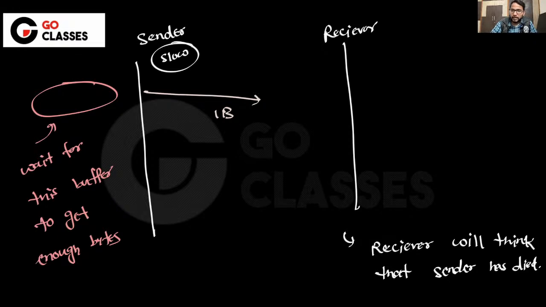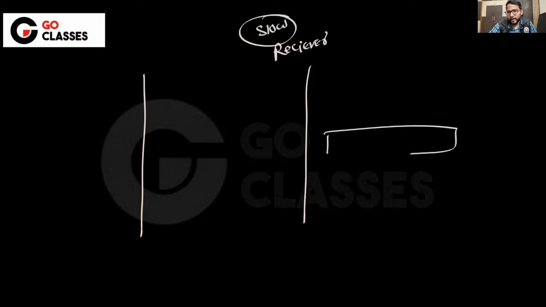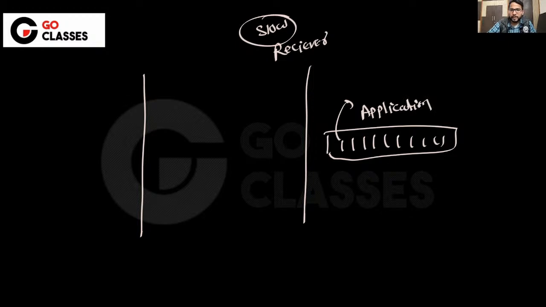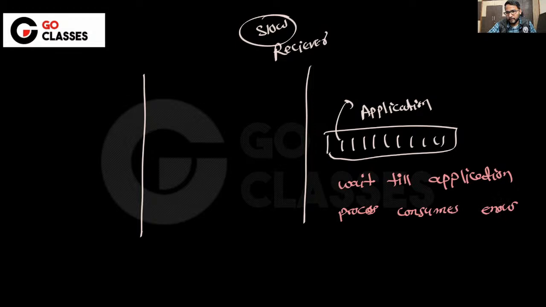Now, similarly here, if the receiver is slow, and I am saying you wait till the application process consumes enough bytes, then the problem is that the sender will think that the receiver has died, right?